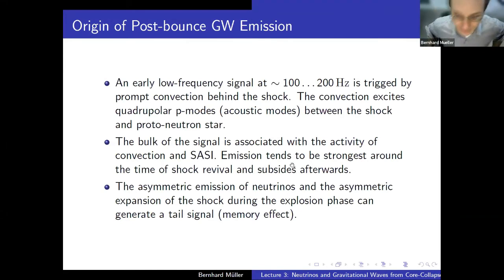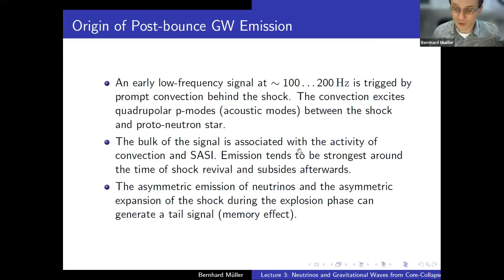I'll summarize what we have. This is just a summary of what I said before. We have the signal components that we usually have: an early signal, about 100 hertz after bounce, which is P modes excited by prompt convection. Then we get a signal from convection and SASI later on.